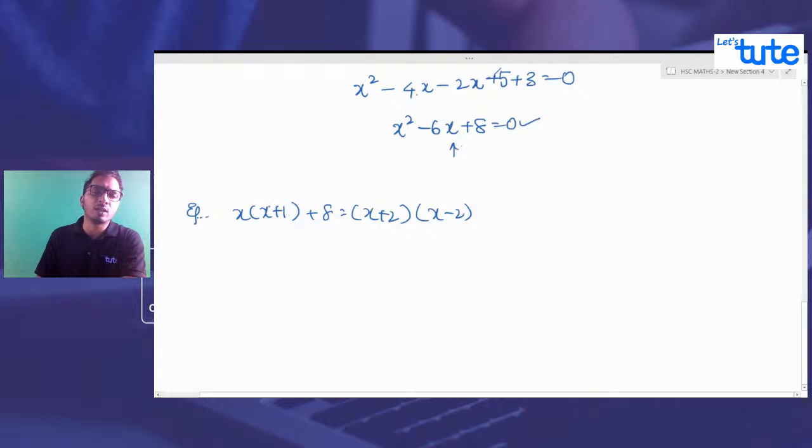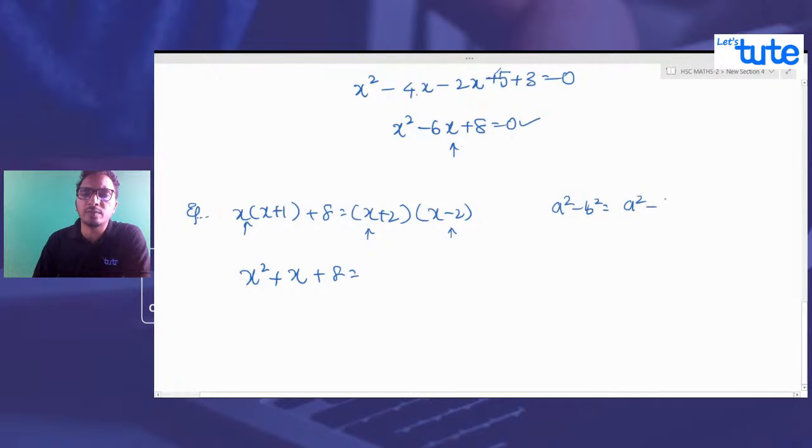Before coming to any conclusion, we have to expand the brackets given. So let us open this bracket. x multiplied by x is x squared, x into 1 is x, plus 8 equals, now let us multiply this. This is (x plus 2)(x minus 2), just like a squared minus b squared. What happens in a squared minus b squared?